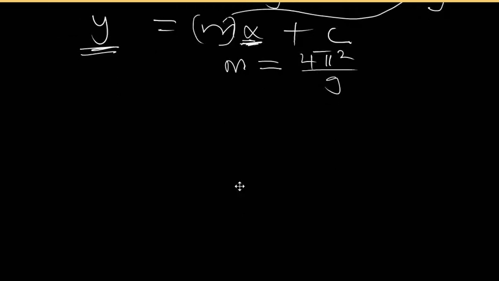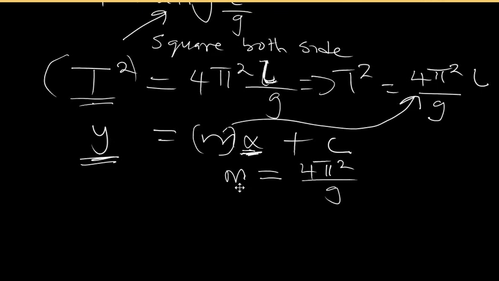If they ask you what the implication of the slope you got from plotting the graph is, the slope is equal to 4 pi square all over g.